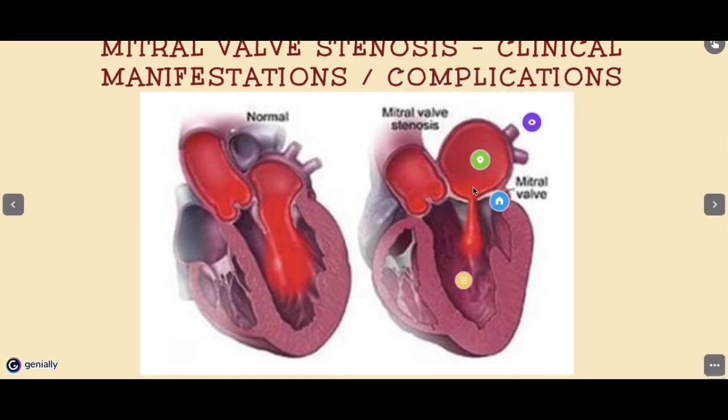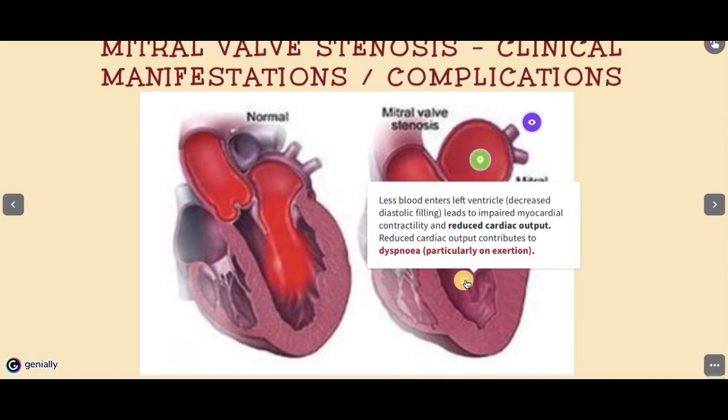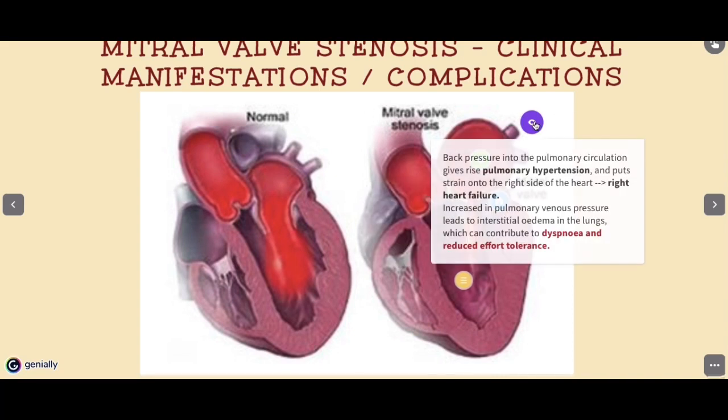So when there is a reduction in the flow of blood into the left ventricle, this will lead to decreased diastolic filling. This leads to impaired myocardial contractility as well as reduced cardiac output. And reduced cardiac output can subsequently contribute to dyspnea, particularly on exertion.